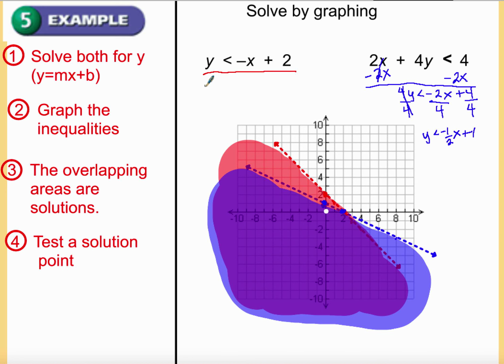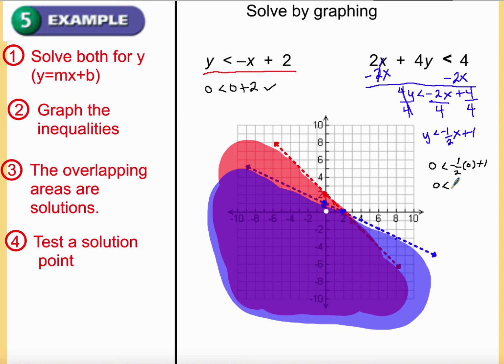If x is 0 and y is 0, let's see what happens. For our first inequality, I get 0 is less than 2. That's true. All right, so let's move on over here. How about the point 0, 0? Does it work for this one? 0 is less than, well, negative 1/2 times 0 is 0, plus 1 is 1.